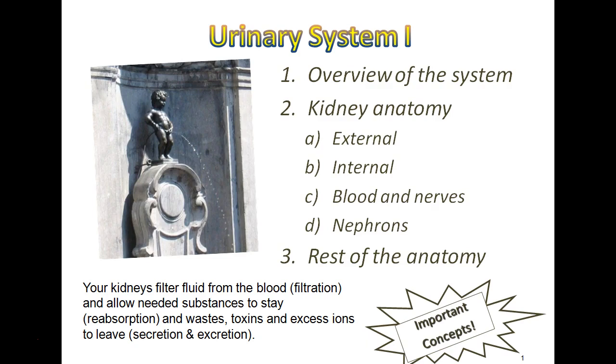So the idea is that the kidneys filter fluid from the blood. We're going to call this filtrate. And we're going to need some substances to stay back in that bloodstream, and that's called reabsorption, whereas we get rid of wastes, toxins, and excess ions through a process called secretion and excretion.